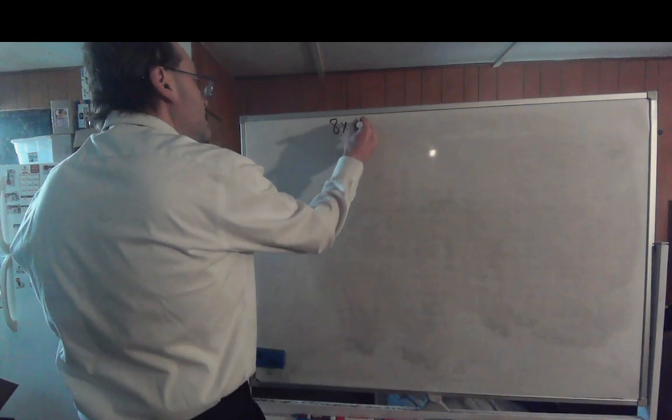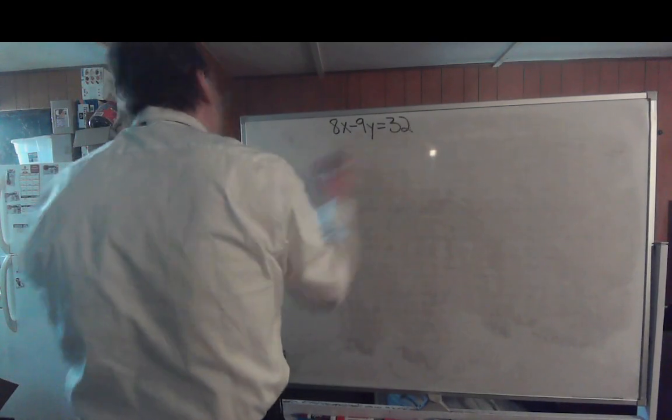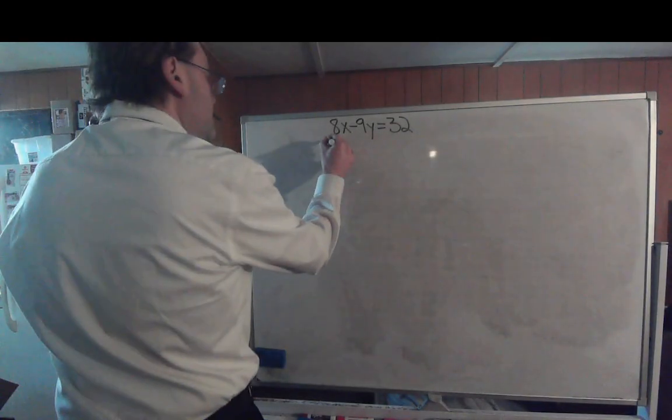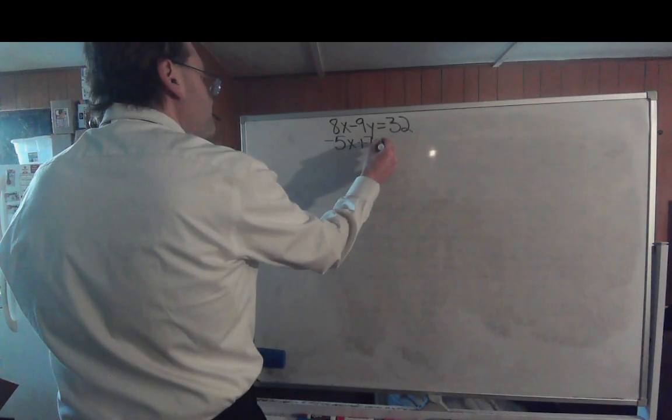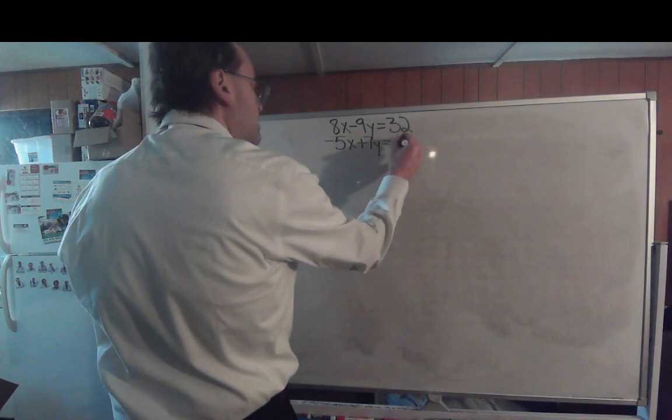8x minus 9y equals 32. And then negative 5x plus 7y is going to equal 40.